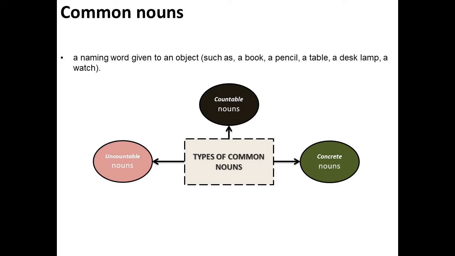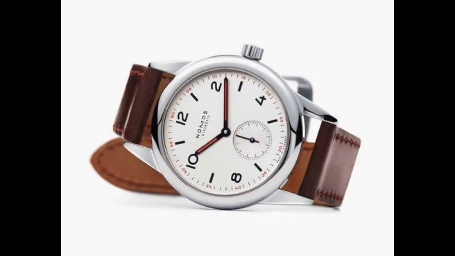We're going to learn about this very soon. For now, all that we need to know is that a common noun is a word that is used to name an object, like a book, a watch. Those are objects, right? Yes.